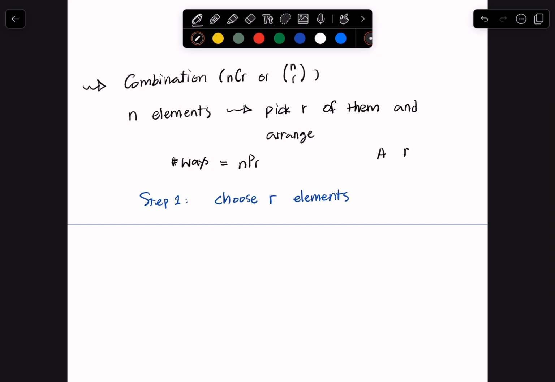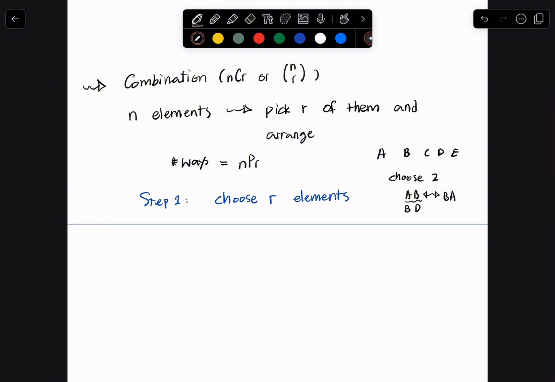Let's have an example. Let's say I have A, B, C, D, E, 5 students. If I want to choose 2 of them, what will be some possibilities? Of course, I can just choose A and B, right? That's a possibility. Another way I can do this is I can choose B and D. However, something to notice here is, if I choose the people B and A, that's not a different possibility.